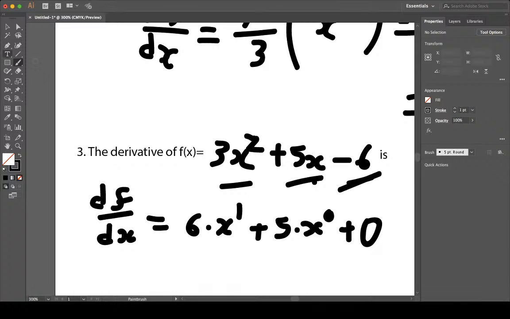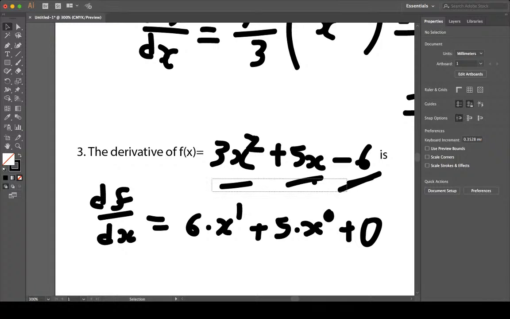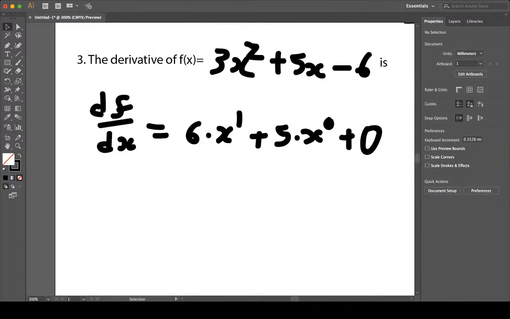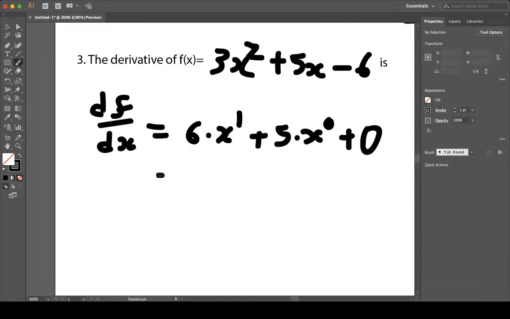So with all this here, we should be getting, it equals 6x plus 5. Because x to the power of 0 here is just basically 1.